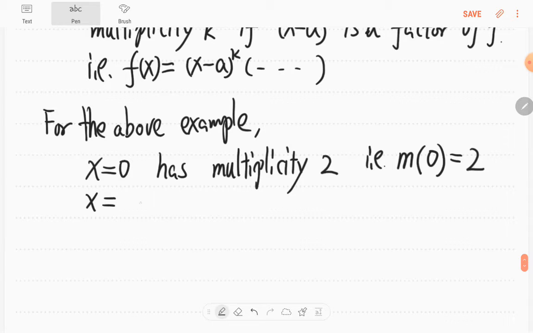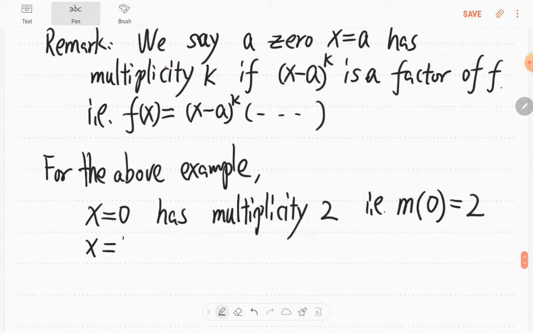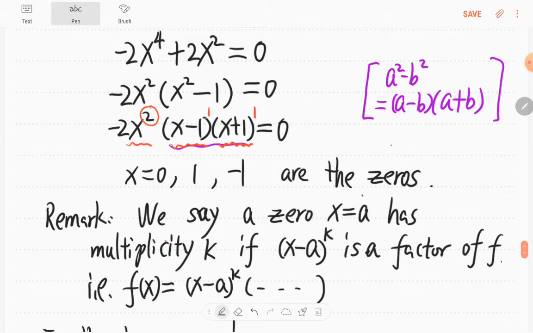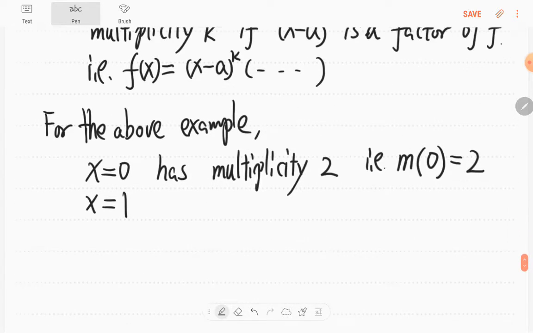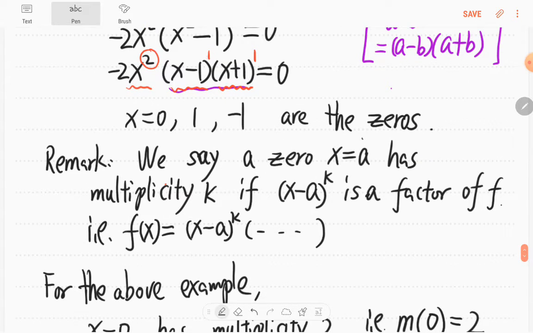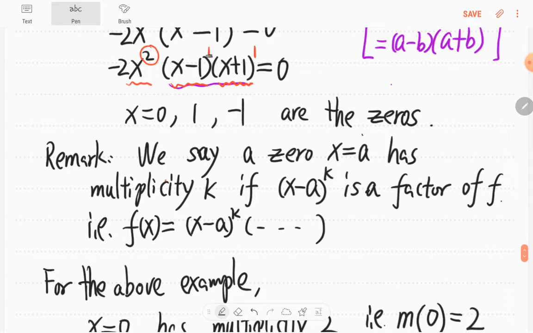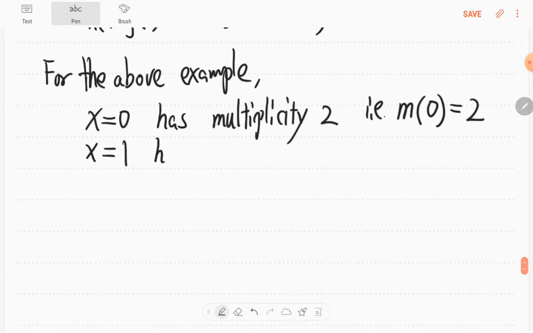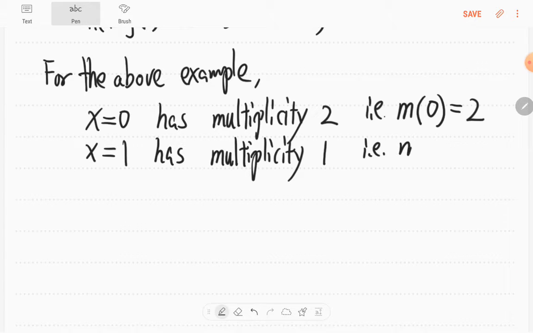X equals 1, we only have one x minus 1 to make this function 0, so the power is 1 here. This has multiplicity 1. In other words, m of 1, for this zero which is 1, the multiplicity is 1.